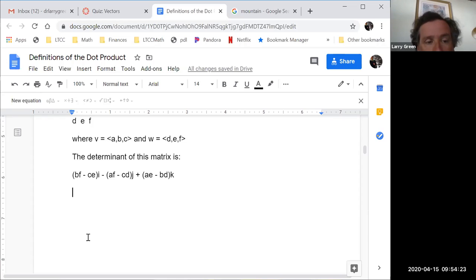Okay. Well, there's another definition. What do you think the other definition's going to be all about? Here's a hint. There's two definitions of vectors.